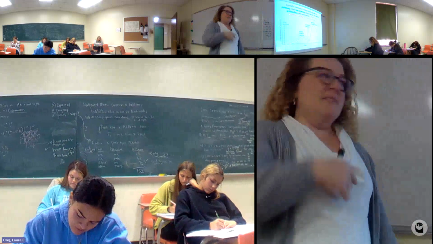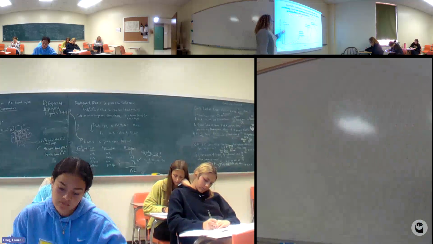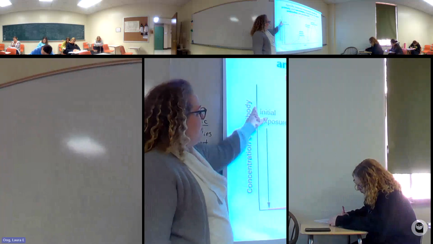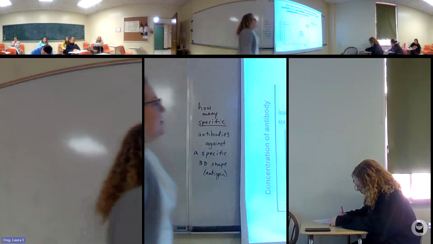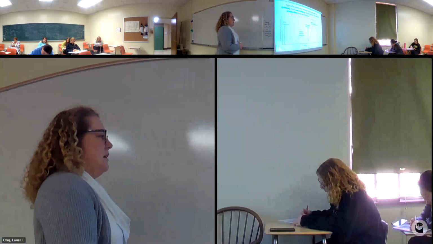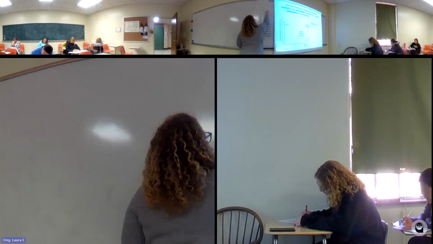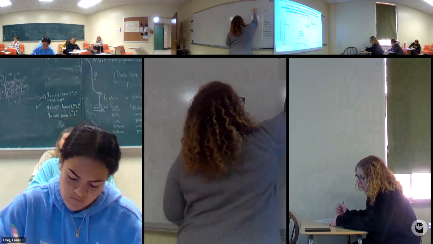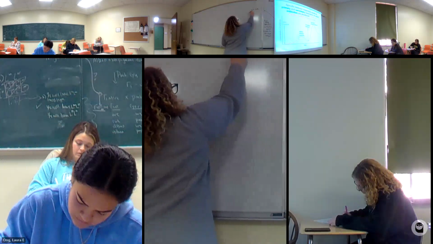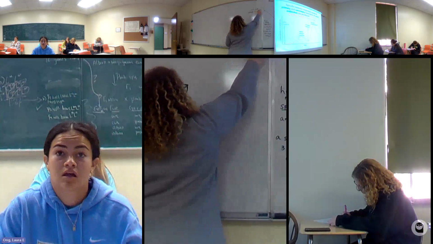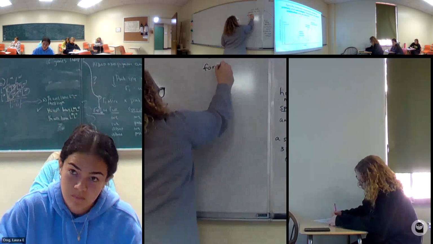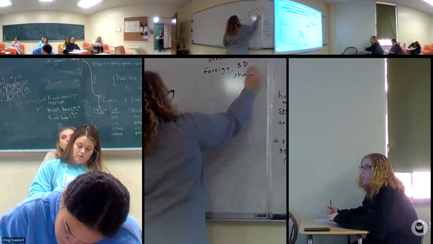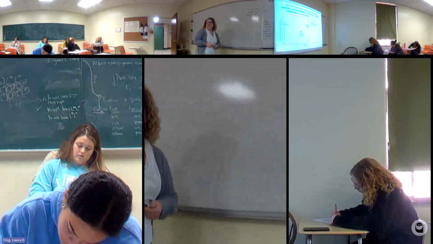And we start this process with what we call initial exposure. And if you would circle this on this graph, the initial exposure begins when our body senses a new foreign 3D shape. That's the initial exposure.